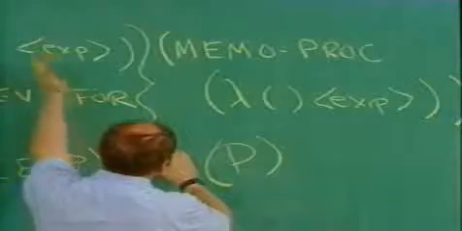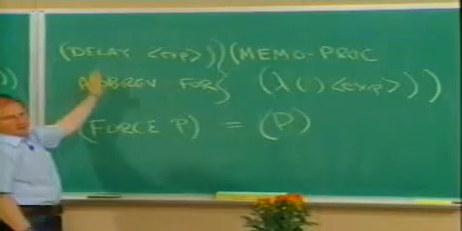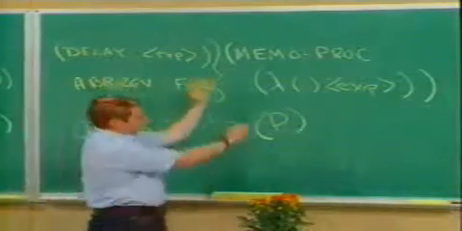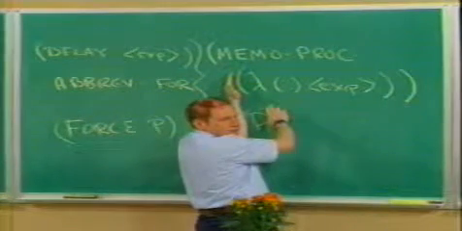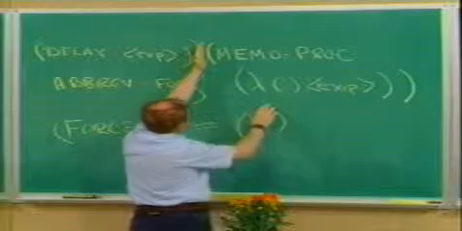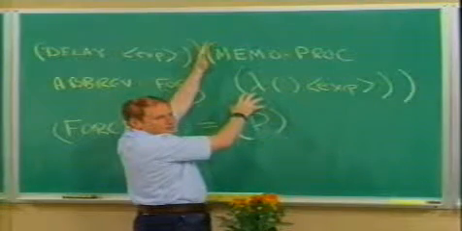So here, where I initially built as my tail of the stream this procedure of no arguments, which someday I'll call, instead I'm going to have the tail of the stream be memoproc of it, which someday I'll call.